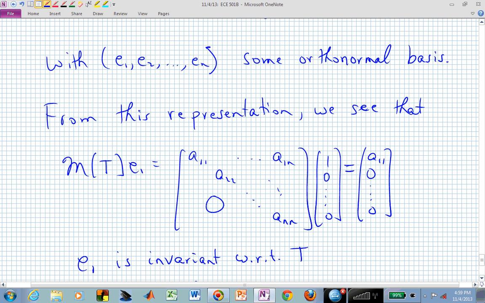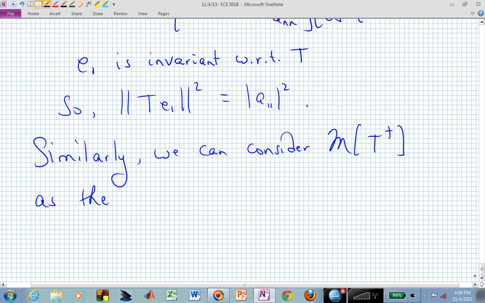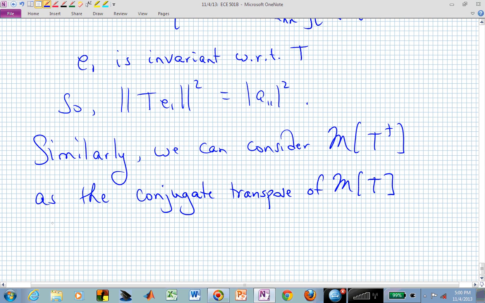If we do the complex conjugate transpose, this first row becomes the first column, and all these other rows become columns below the diagonal. So now we can consider the matrix representation of the adjoint of T as the conjugate transpose of the matrix representation of T.